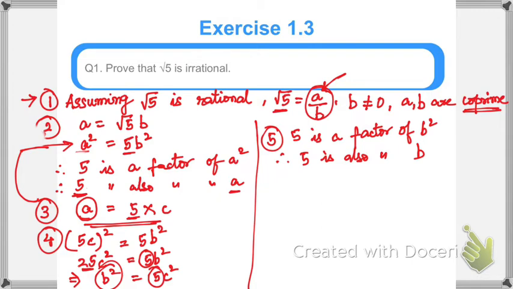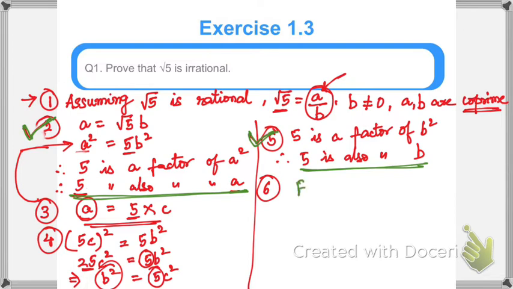So in step number 6, looking at step number 2 and step number 5, we notice that 5 is a factor of a and 5 is also a factor of b.